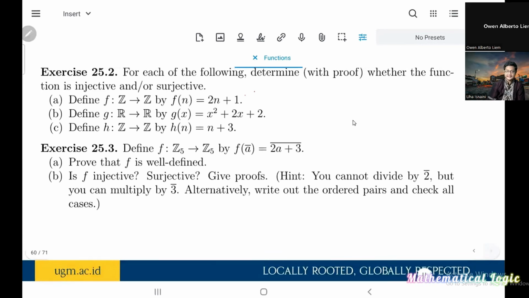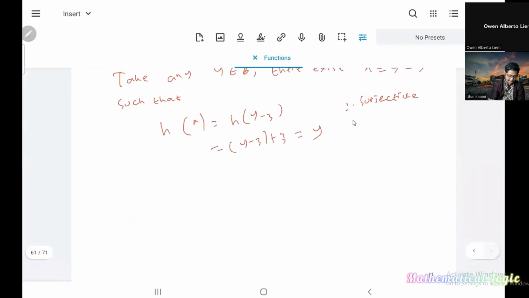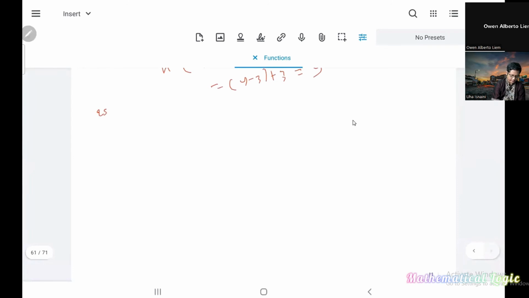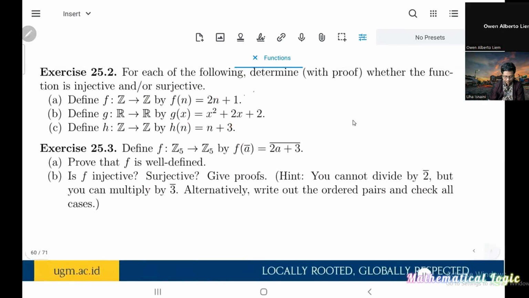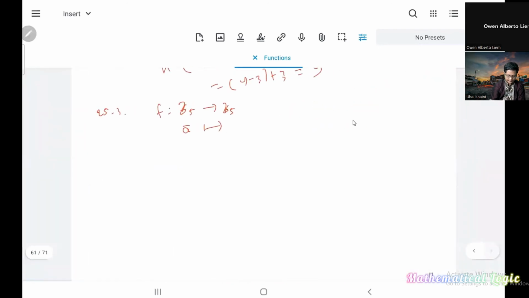Next we have 25.3. We have f from Z5 to Z5, where a bar goes to 2a plus 3 bar. We want to prove that it is well defined.